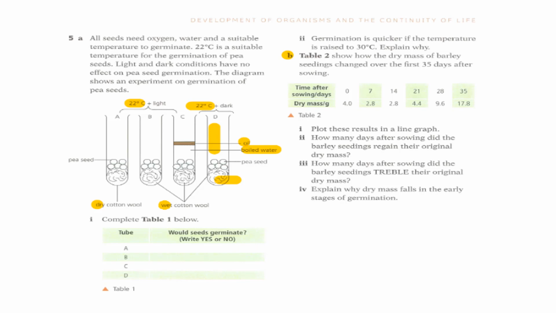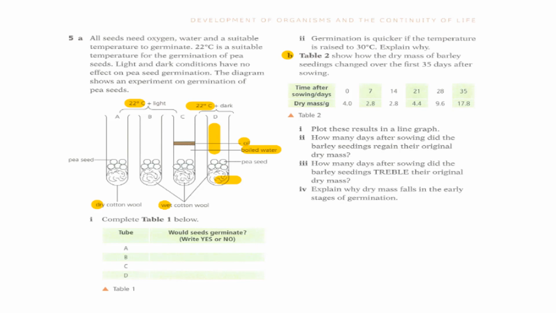Now, let's take each tube individually and see if the seed will germinate or not. Tube A has a seed, a suitable temperature which is 22, and there is air. Will this seed germinate? The answer will be no. Why? Because there is air, there is suitable temperature, but there is no water.